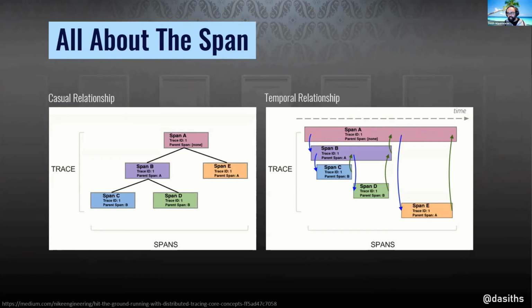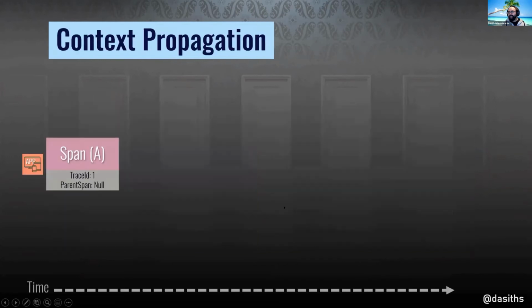Because I said all of these children have the same trace ID and a span ID, let's see how that happens. Going back to my example, where an app is creating an HTTP client and sending a request through. Let's say this is a Node.js application. That particular activity is represented by span A. We've got a trace ID, obviously, because this is the root.